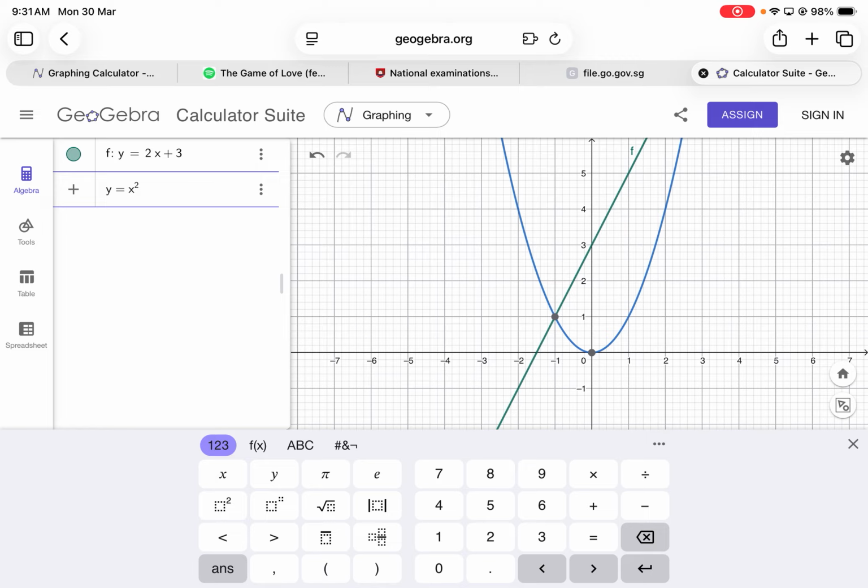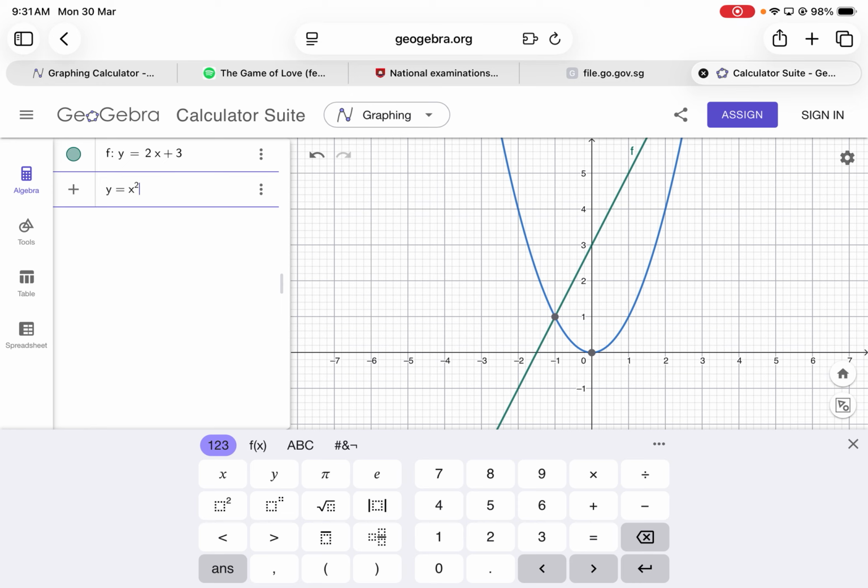Okay? Then you'll find that whenever you have an x squared term, your graph becomes a curve. This one is for you to quickly see that all your y equals x squared curves look like that. Okay?